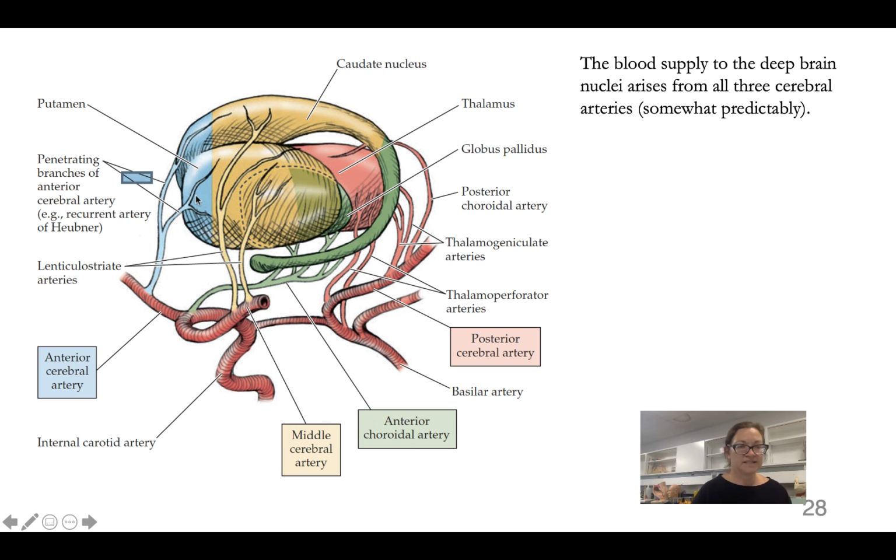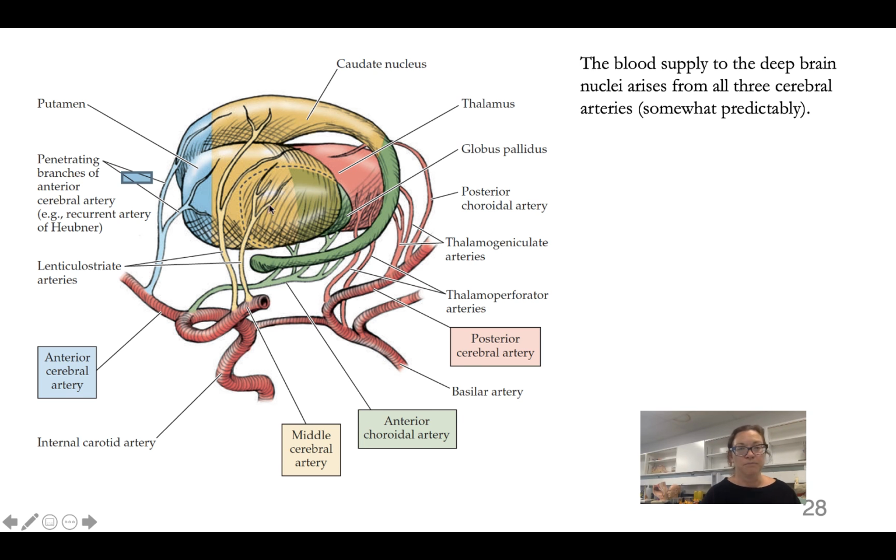So for example, the anterior cerebral artery supplies the most rostral portions of the basal ganglia, and so here we're looking at the putamen and the head of the caudate, both shown in blue, as arising from the anterior cerebral artery, and specifically from the lenticulostriate arteries derived from the anterior cerebral artery, or ACA.